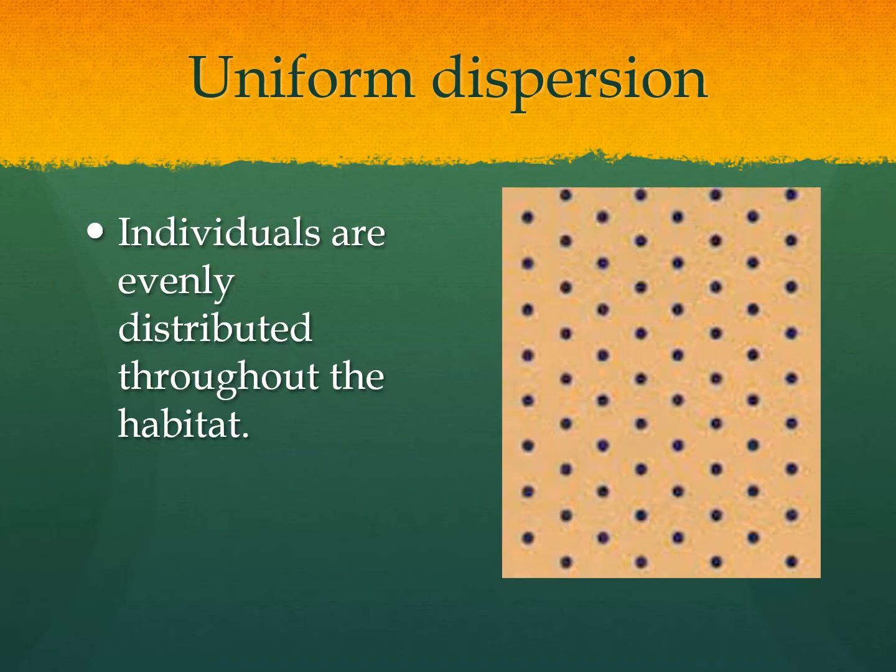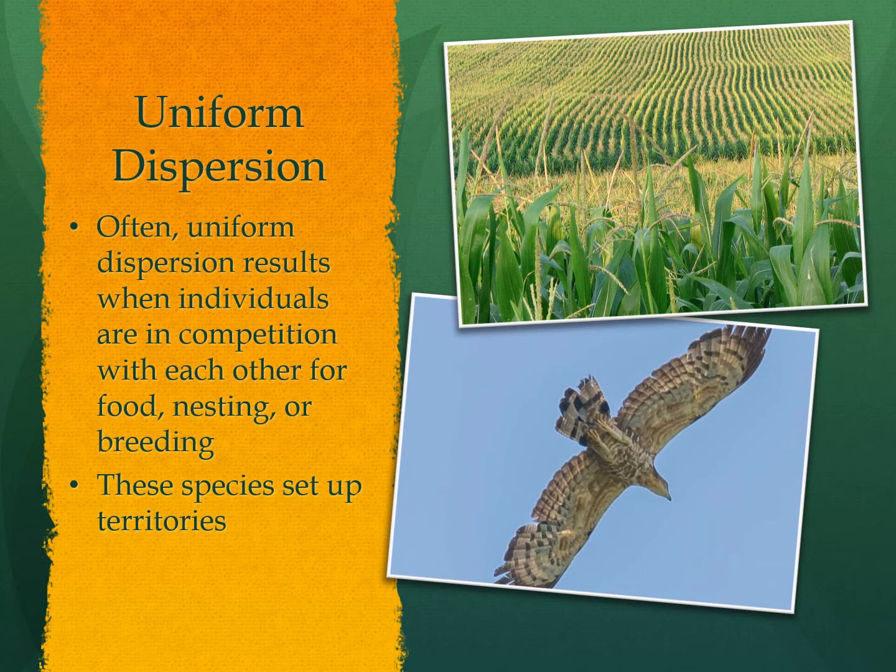Now, uniform dispersion is where individuals are evenly distributed throughout the habitat. Often, uniform dispersion results when individuals are in competition with each other for food, nesting, or breeding. So natural populations that are in competition with members from its own species will tend to uniformly disperse.